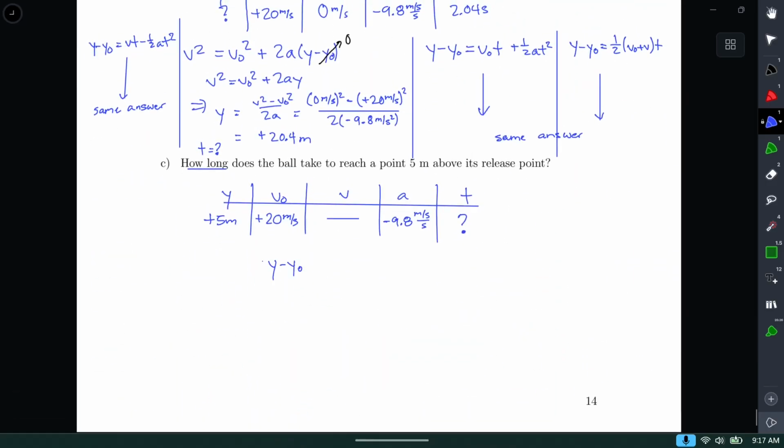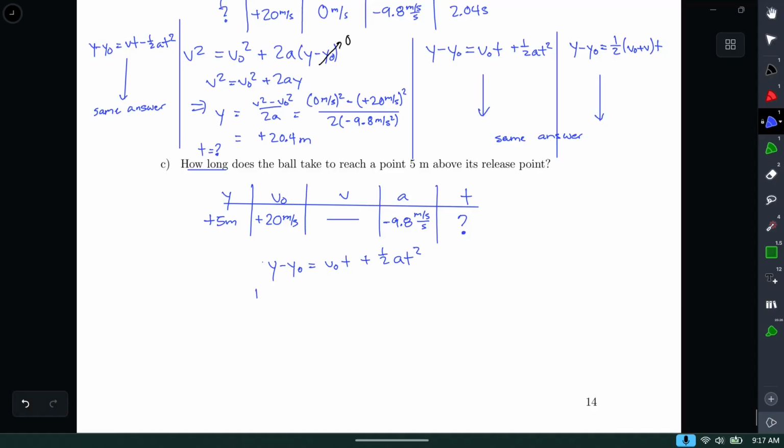So y minus y initial equals v0t plus 1/2 at squared. Here's the sad part, though. I'm going to put in some numbers, and you'll see what happens. So this was 5 meters. Again, we can say the initial height was 0 and measure from there. V initial is 20 meters per second.